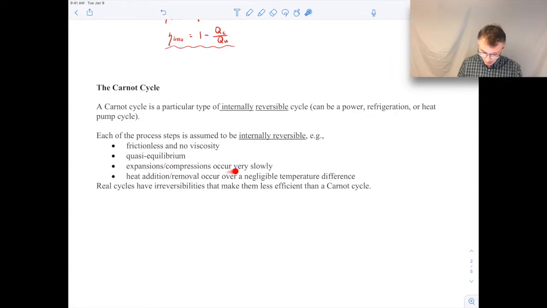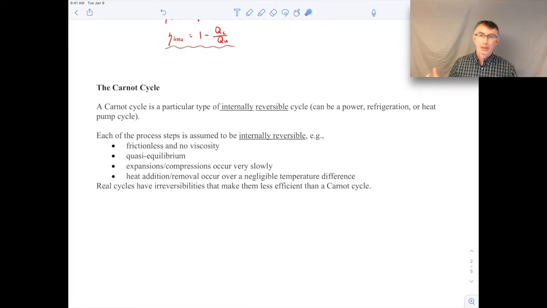The expansions and compressions, like with a piston in a cylinder, have to occur very, very slowly so you don't get any irreversibility due to mixing. And as I mentioned before, heat addition and removal occur over negligible temperature difference. Remember, finite temperature differences result in irreversibility, so all the temperatures are infinitesimally close to one another. You need to have all of these things for it to be reversible.